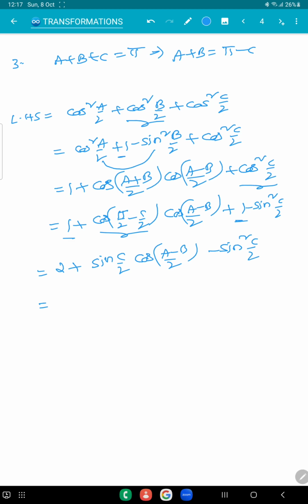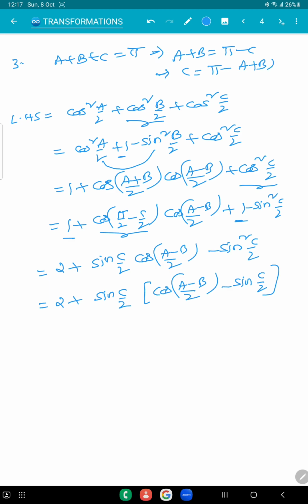Can we bring anything common in this one? We can bring sin c by 2 common. What is left here? Cos (a minus b) by 2 minus sin c by 2. So from this one, c is equal to pi minus (a plus b).